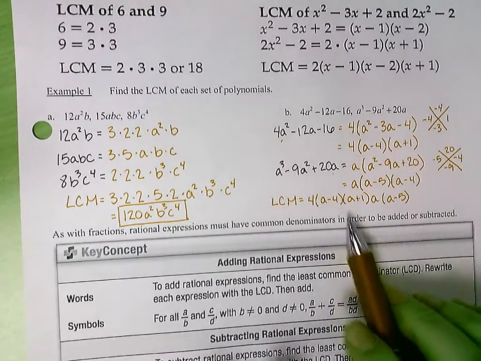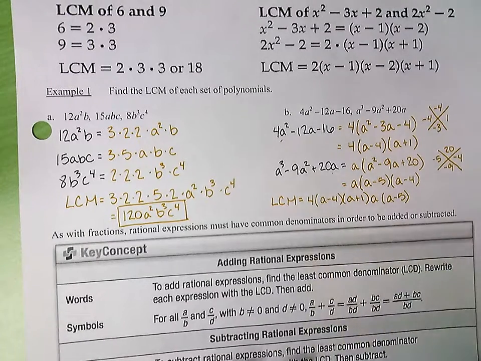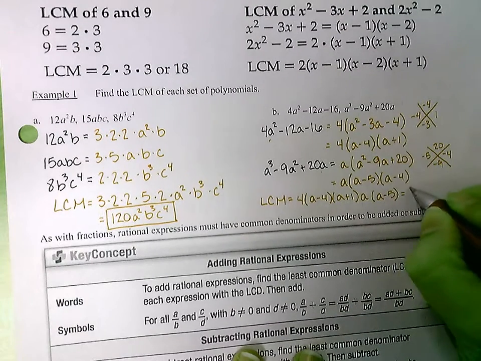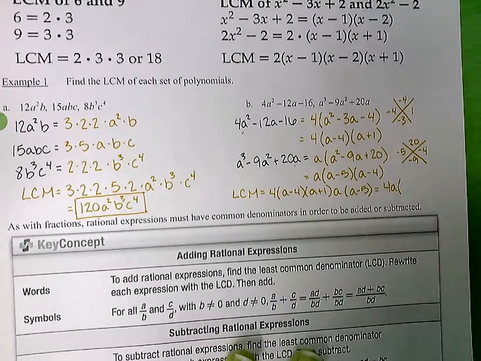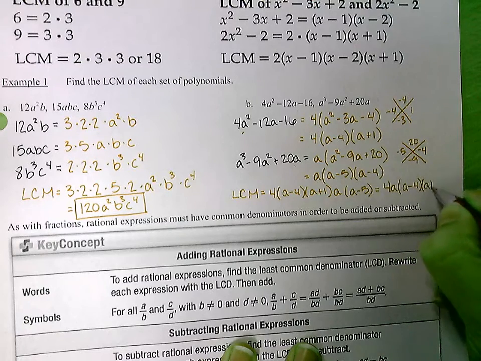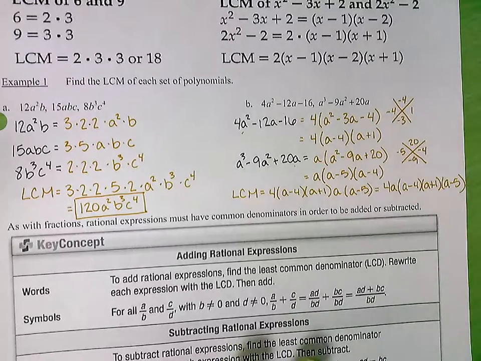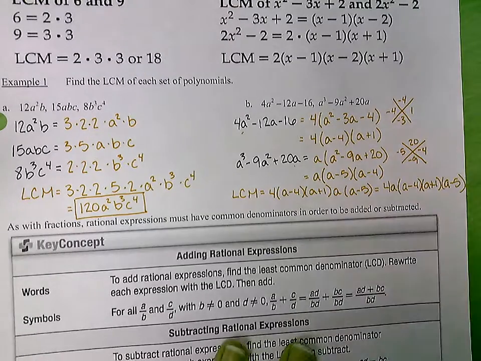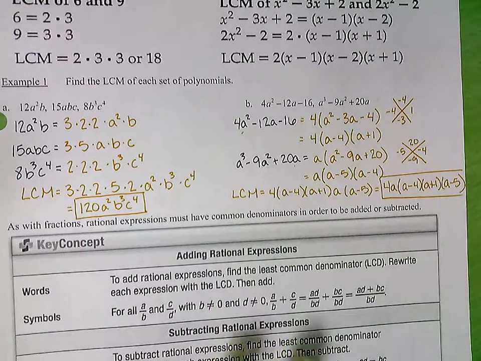You can keep it like this if you want, but I like to put this a out front with that 4, so I'm just going to rewrite it as 4a times a minus 4 times a plus 1 times a minus 5. And that would be your least common multiple.